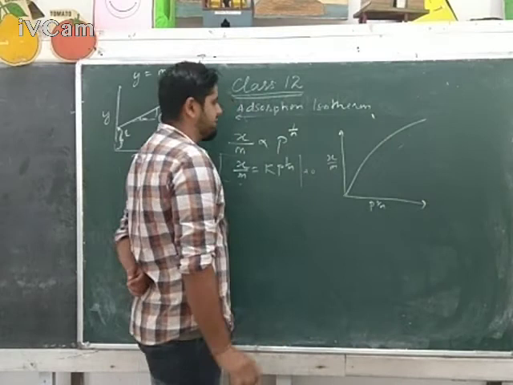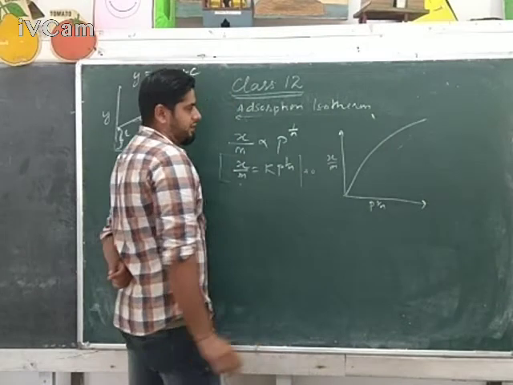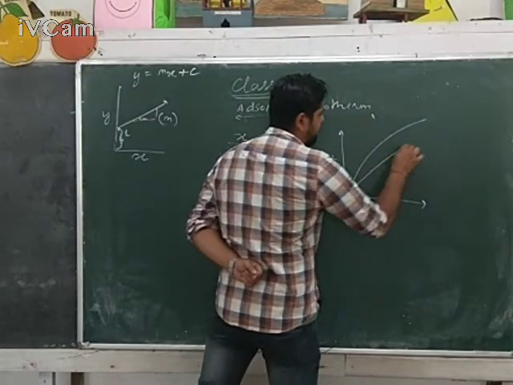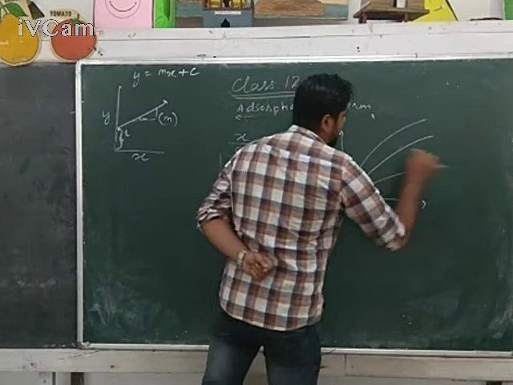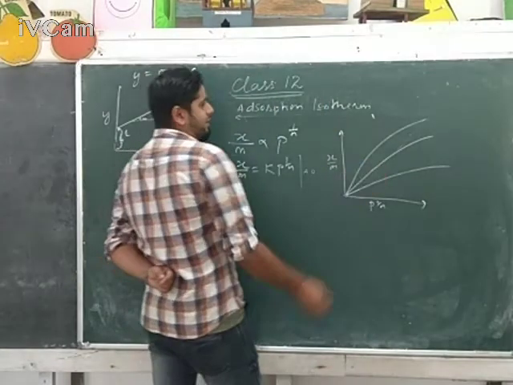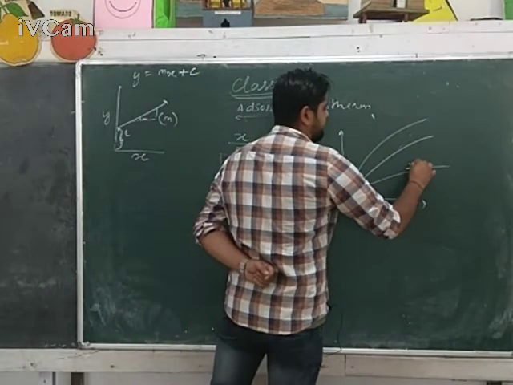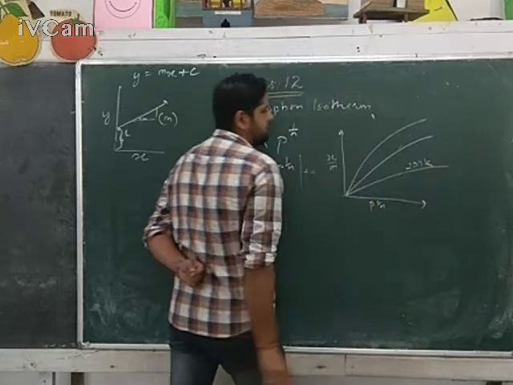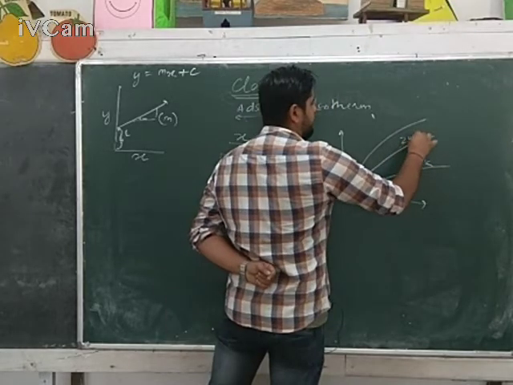Since pressure is dependent on temperature, you'll get this type of graph for different temperatures: higher temperature, somewhat lower temperature.